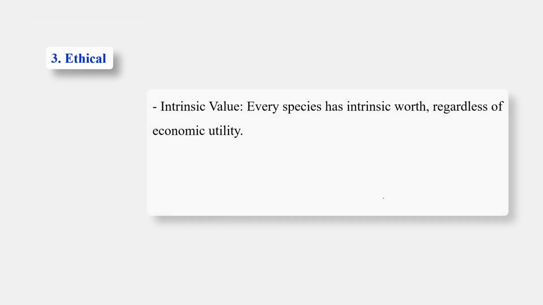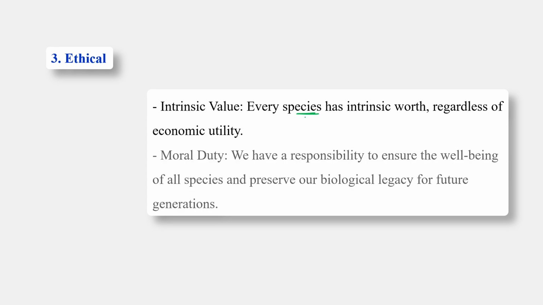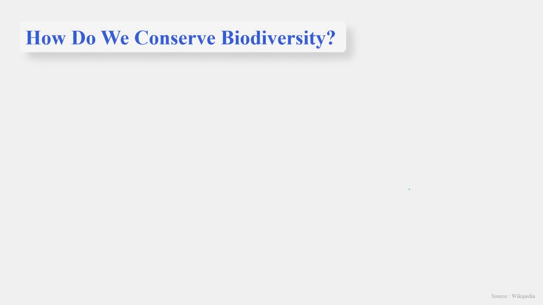And third, the ethical point of view, intrinsic value. We have to learn that every species has intrinsic worth, regardless of economic utility. It's our moral duty to secure it and to preserve it. This is our biological legacy for future generations, right?